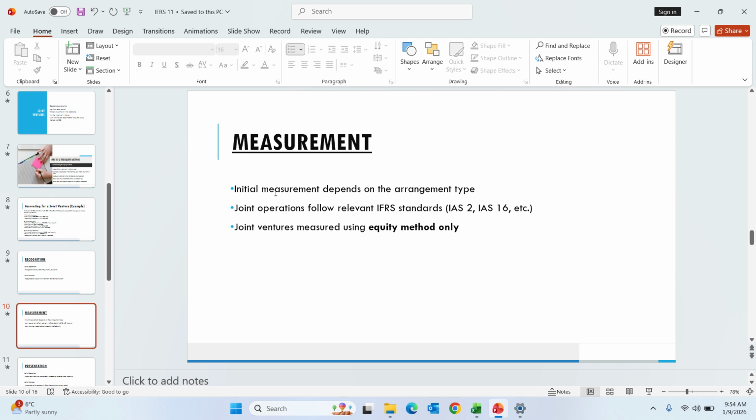For measurement, joint operations are measured following relevant standards like IAS 16 for equipment or IAS 2 for inventory, while a joint venture is measured using the equity method under IAS 28 only.